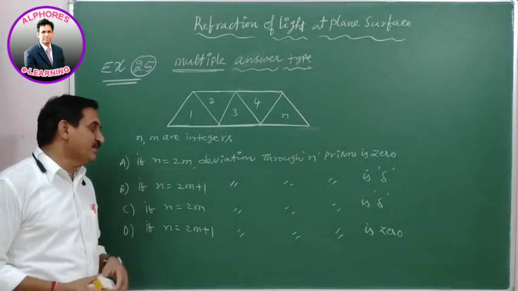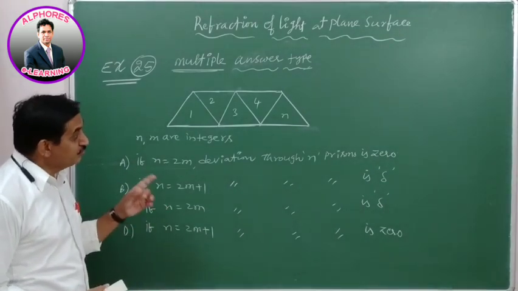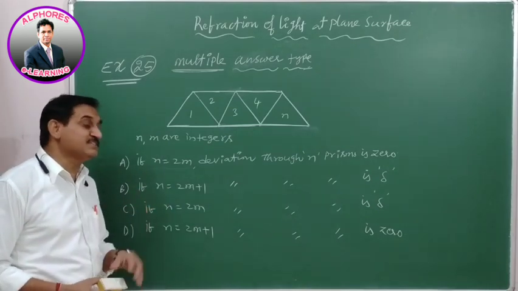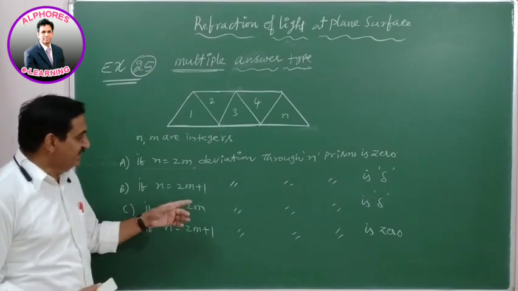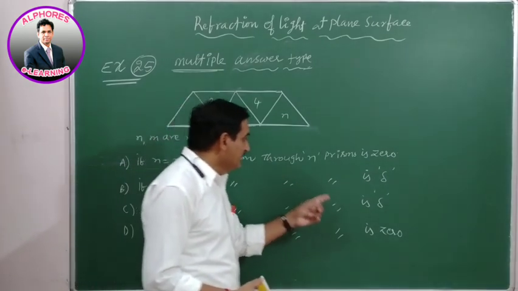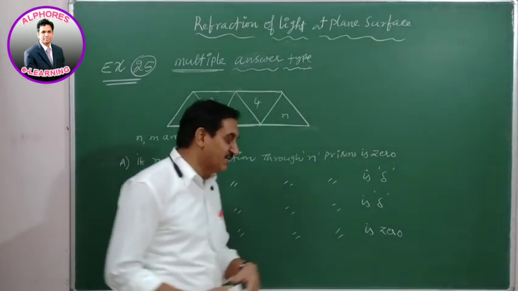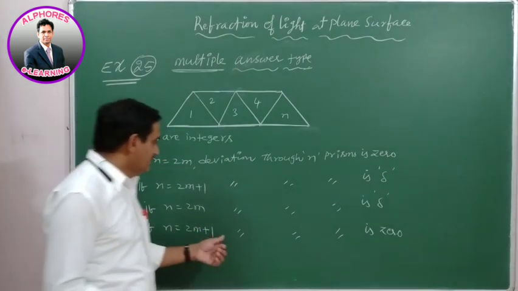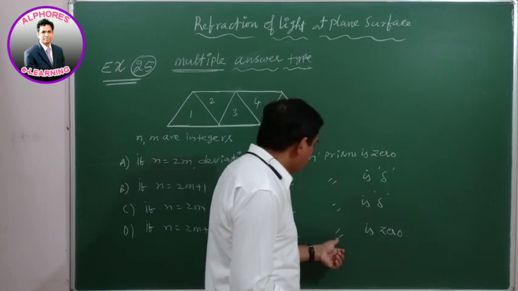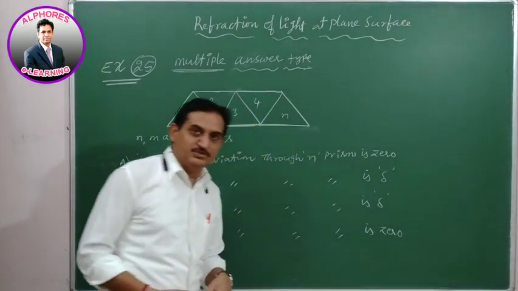If n is equal to 2m plus 1, the deviation through the system of n prisms is delta. If n is equal to 2m, again the deviation through the system of n prisms is delta, and if n is equal to 2m plus 1, the deviation through the system of n prisms is 0.